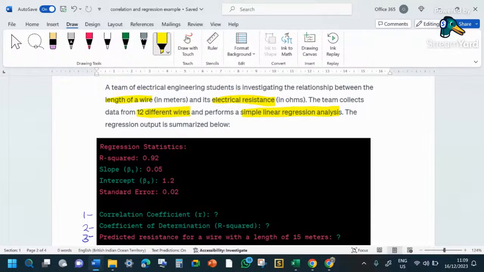Okay. So is there any significant difference if the length of the wire is short? Will it have a higher electrical resistance? Or when it's long, is the resistivity lower? So let's see how it goes using simple linear regression analysis.